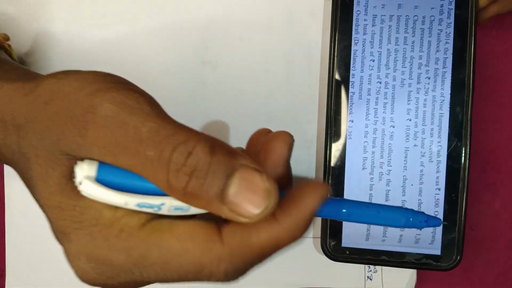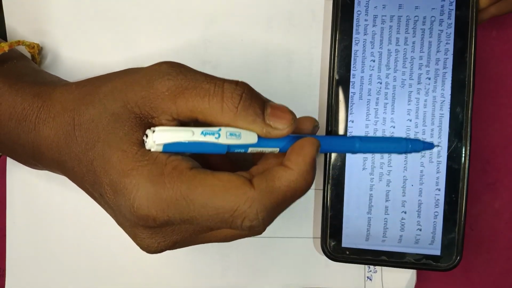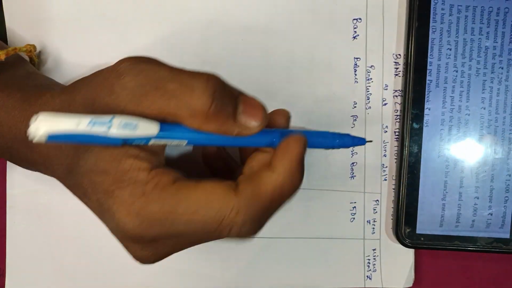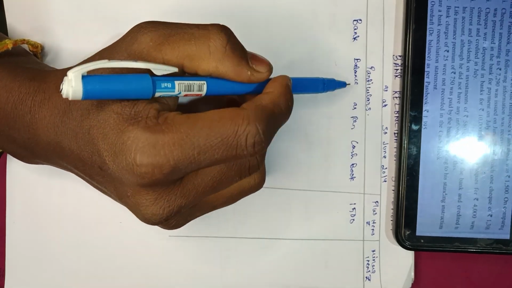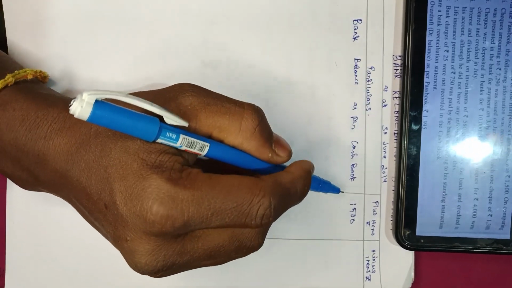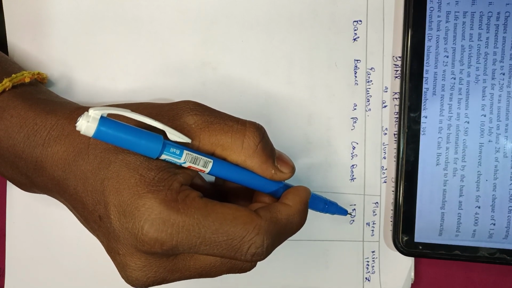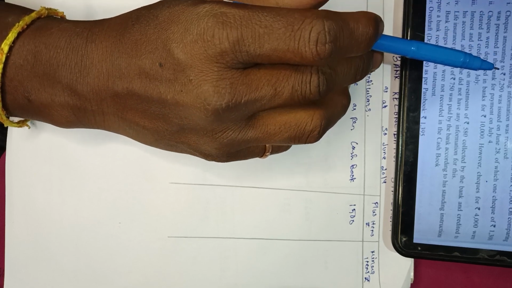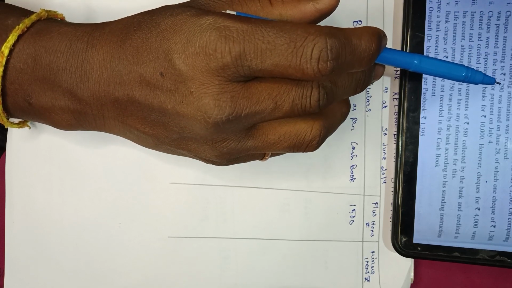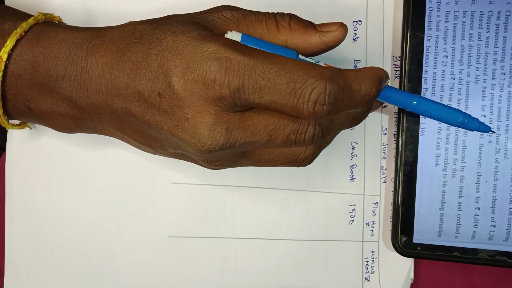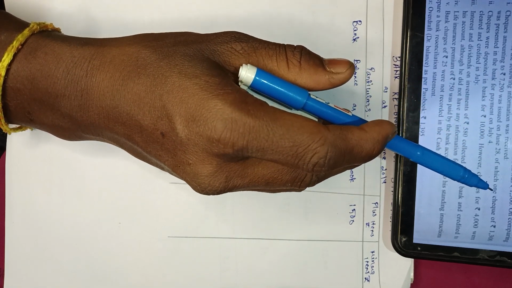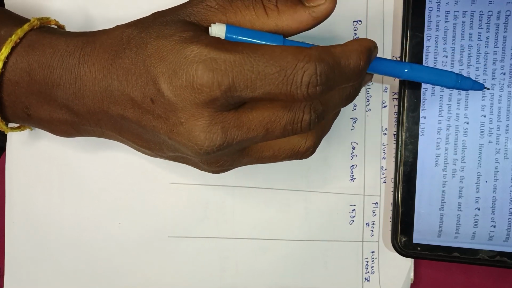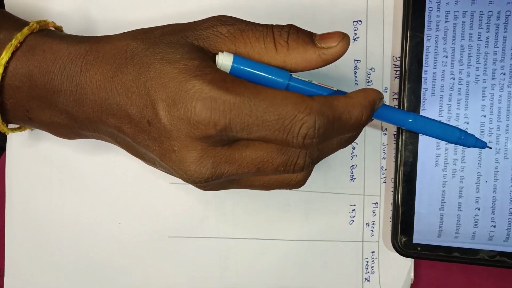Our first entry, since it is a balance of cash book of rupees 1500, I have already written here: bank balance as per cash book, that is 1500. Our next entry is: cheques amounting to rupees 7290 were issued on June 28th, of which one cheque of rupees 1300 was presented in the bank for payment on July 4.